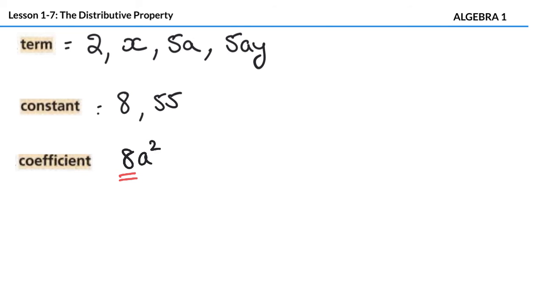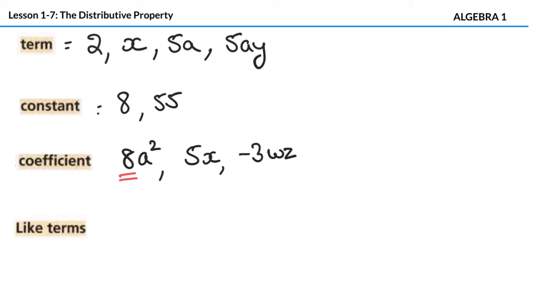Let's take another example. 5x. What is the coefficient of x? It's 5. Let's take another example. Negative 3wz. What is the coefficient of wz? It's negative 3. So, do you understand what a coefficient is now? It's the numerical part of a term. So, we know what's a constant. We know what's a term.